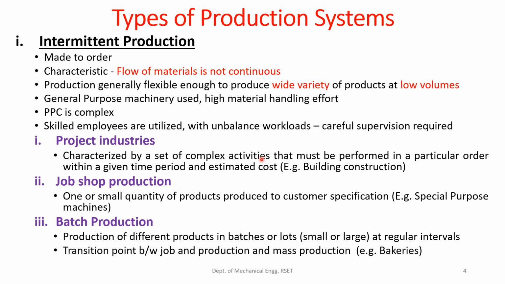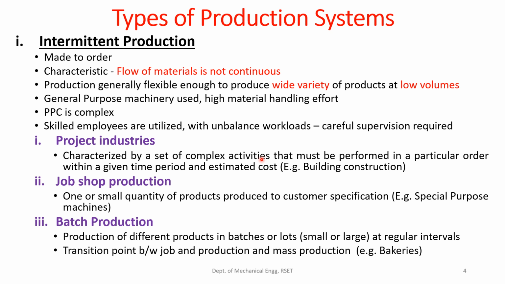Another major characteristic of this kind of system is that production planning and control is much more complex, because the same plant or production facility is used to produce multiple varieties of products which are processed simultaneously.